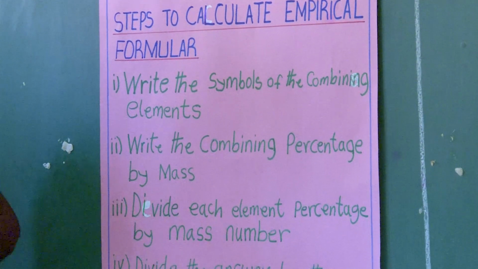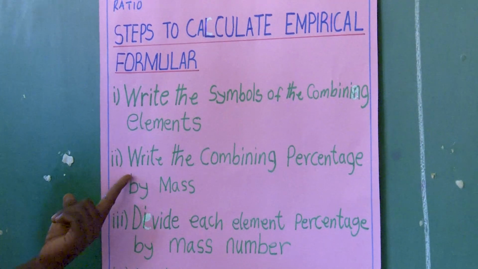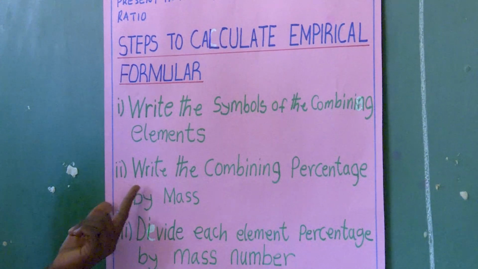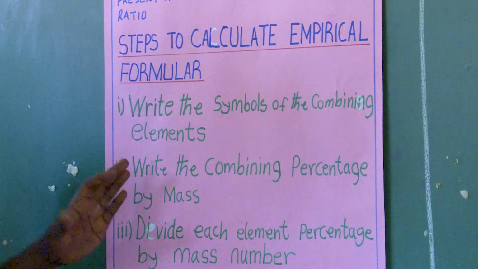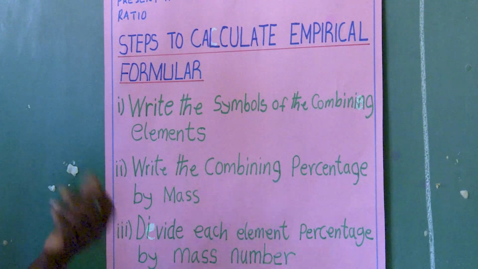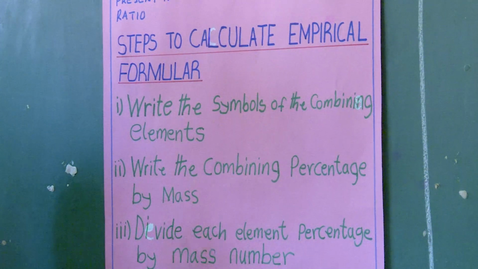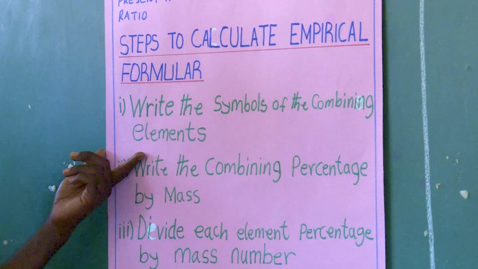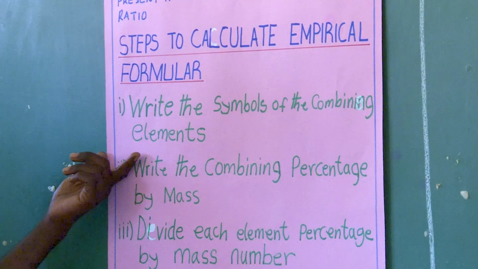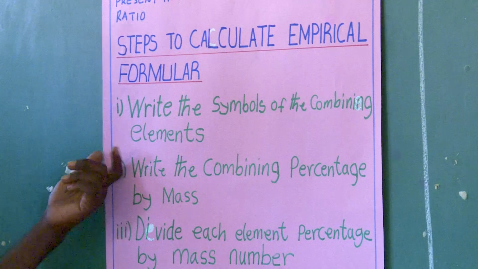Step number 2, you write the combining percentages by mass. You will be given the combining percentages by mass, as we'll be looking at some examples. You write them under each of those symbols of the elements which are in the given compound.